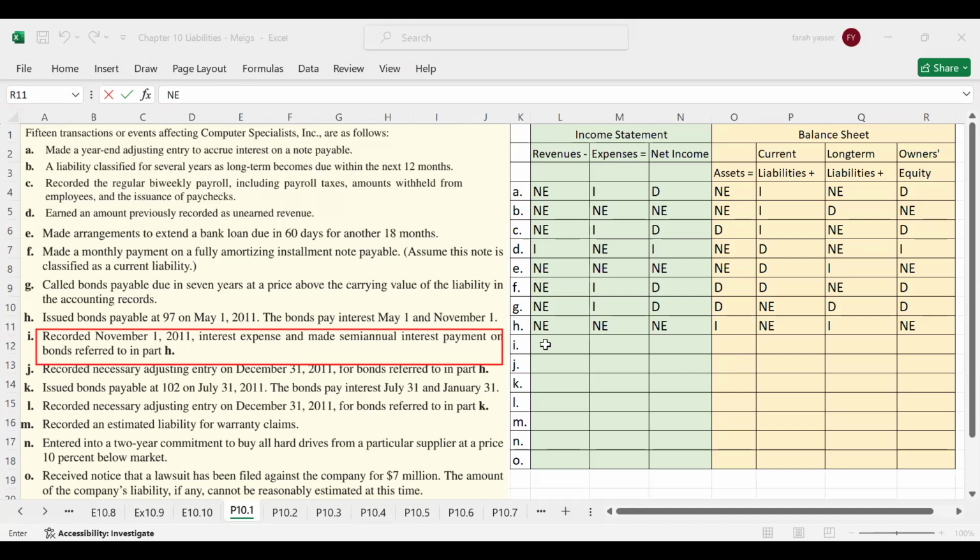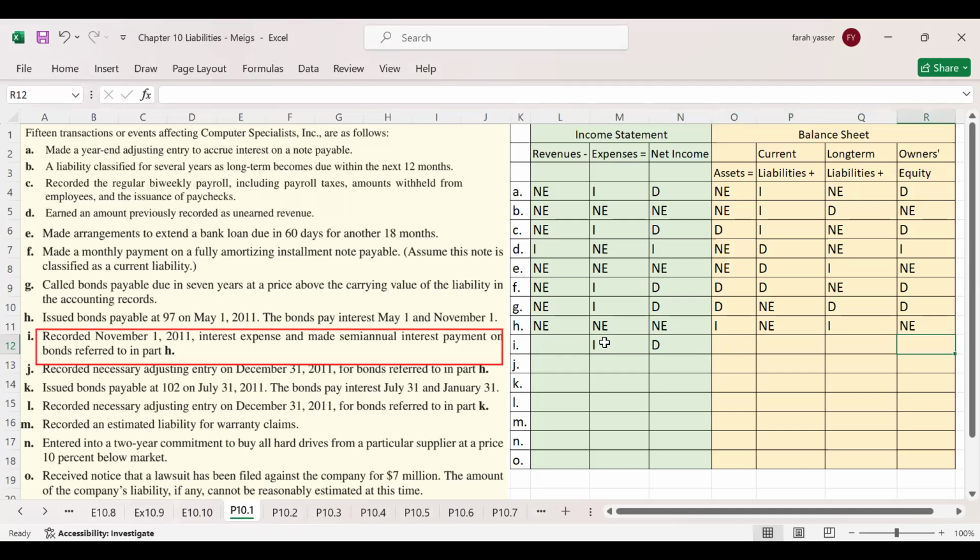So in this transaction, first of all, interest expense is increased because the company recorded interest expense. So expenses are increased. This means that net income will be decreased.